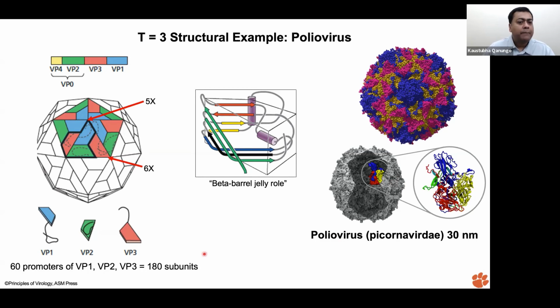So what will happen? Your VP1, 2, and 3 will be in quasi-equivalent positions because these are not the same protein. If it were VP1 one monomer, VP2 second monomer, VP3 third monomer, they could have identical interactions. But as now there are 3 proteins, these interactions need to be similar as per the rule of quasi-equivalence, but they are not.